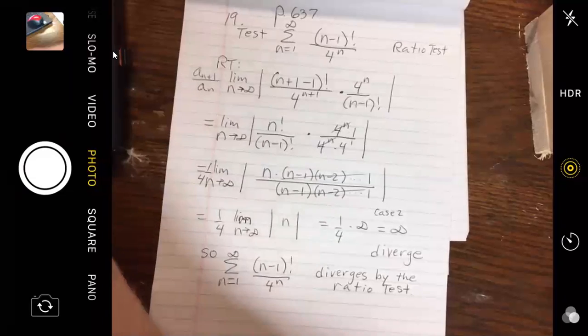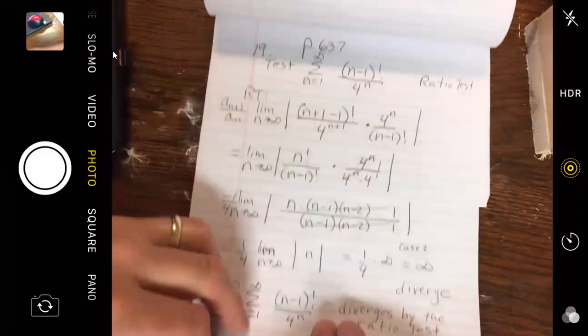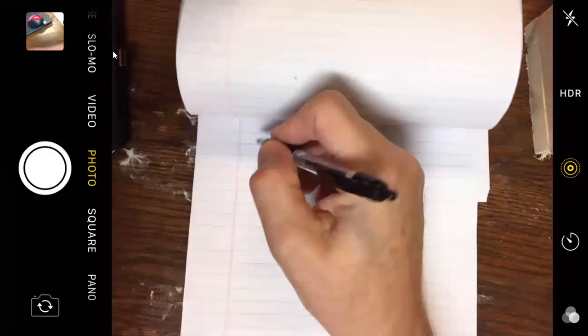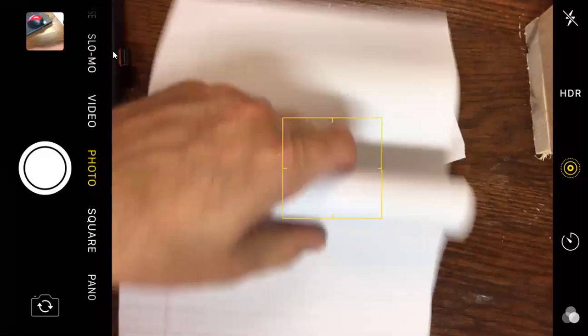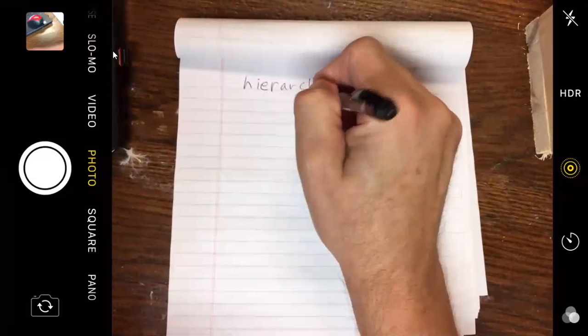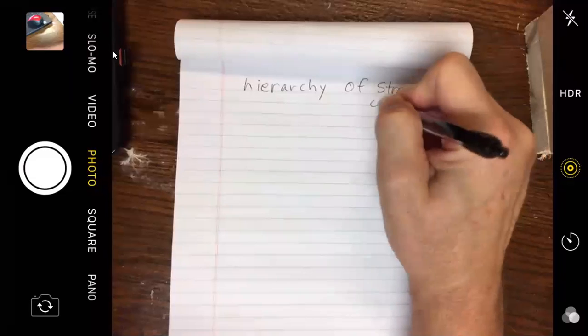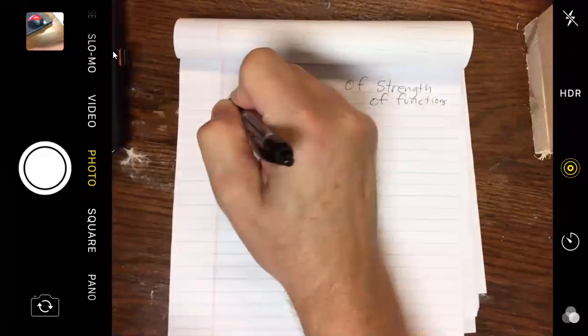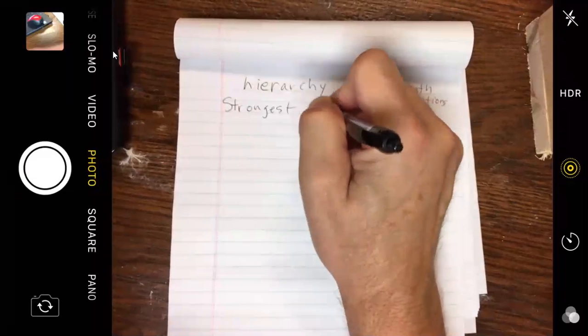Okay, in plain English, what's going on? There's a hierarchy of functions, a hierarchy of strength of functions, from strongest to weakest.